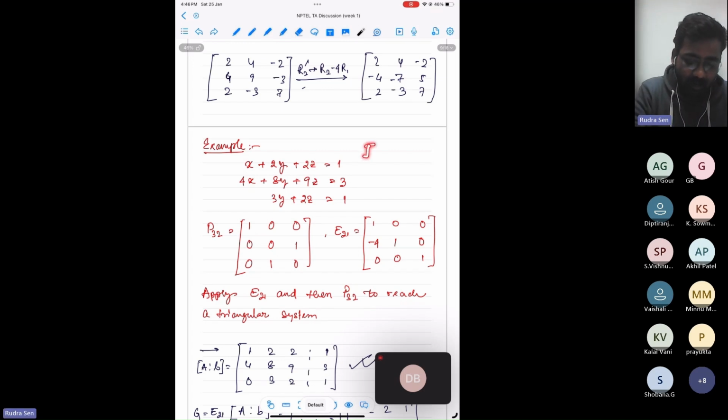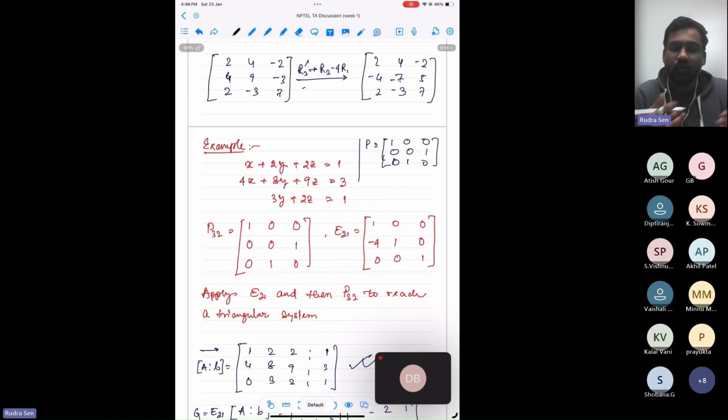This is the identity matrix, 1 0 0, 0 1 0, 0 0 1. Here we just exchange the rows, so the permutation matrix is, let's say, 1 0 0, 0 0 1, and 0 1 0.